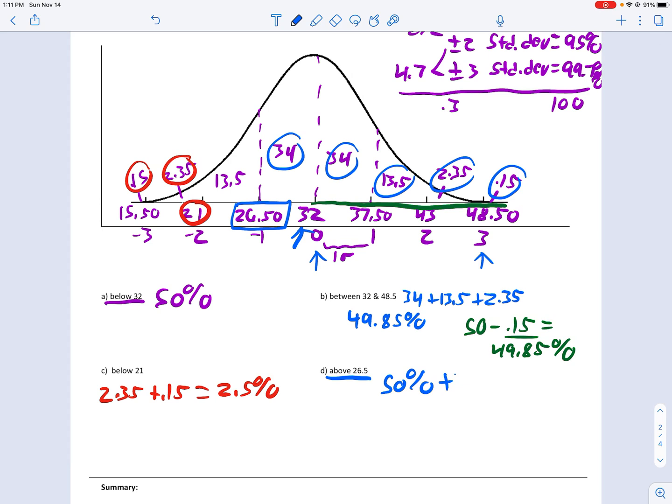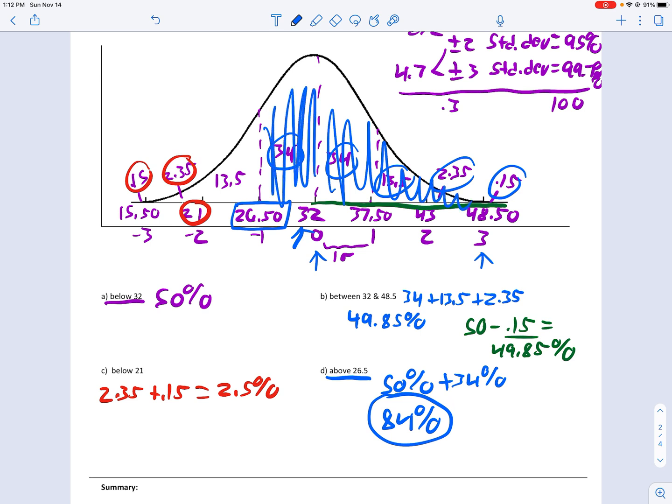And then I can just add the 34%, and I get 84%. So instead of adding all 5 of those, I know half of the data, this half here, is 50%, plus this 34%. That will give me my total, so 84%.